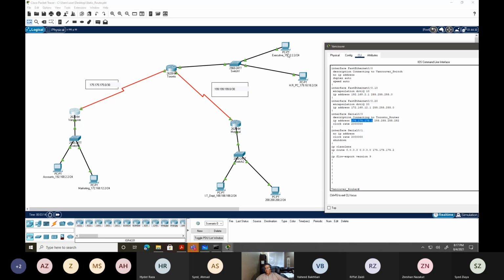Just looking at the diagram, don't look at the configuration yet. The Toronto router. And what is on the Toronto router that it's going to use to decide to send the traffic? Through the routing table. No, my friend, there is no routing table on the PC, right? Through the switch. What is, I'm sorry?